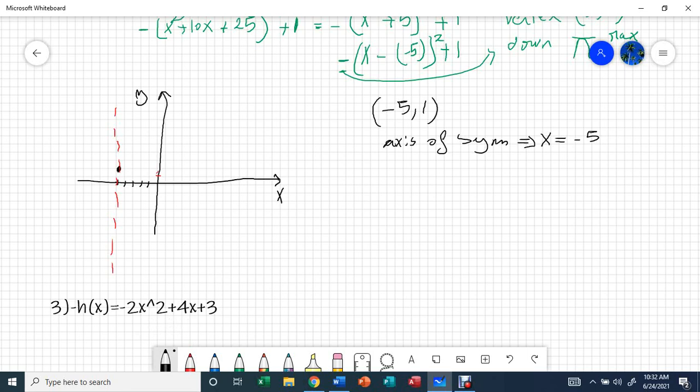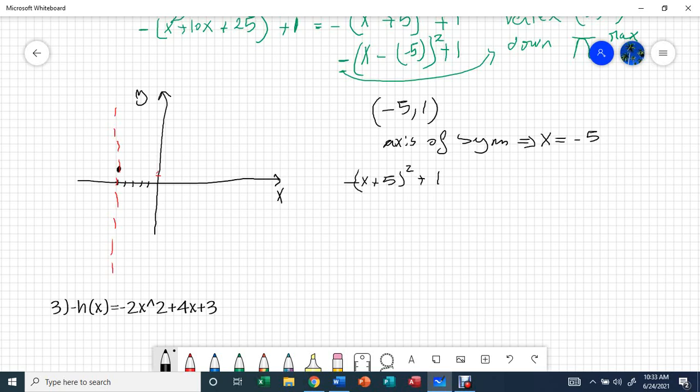And I just need another point. So we have negative x plus 5 squared plus 1.